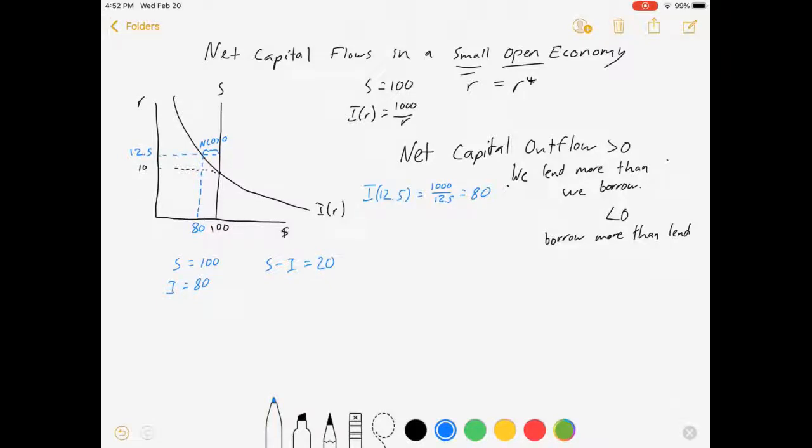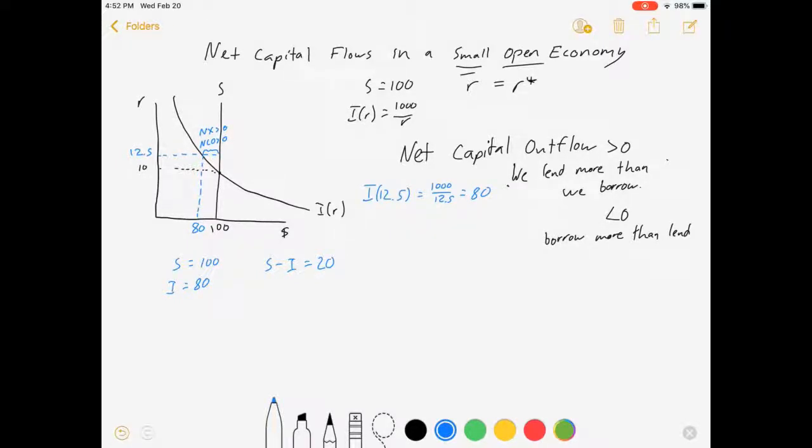Which is also linked, in our little identity that's mentioned elsewhere, to positive net exports. That's because we're giving them money in terms of our savings, and they will then take that money and buy something from us.